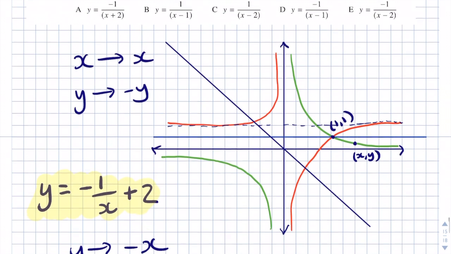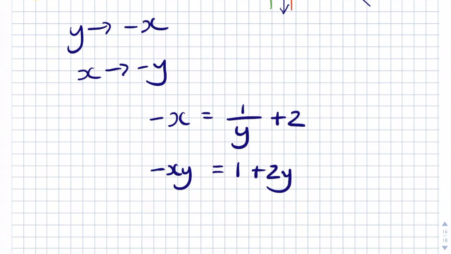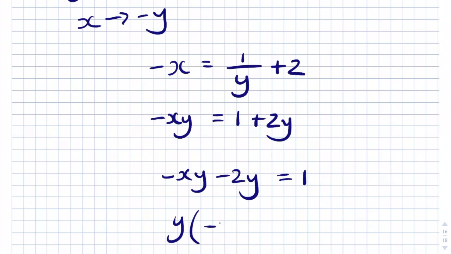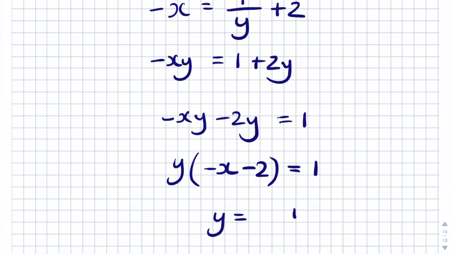And then, of course, all of our answers are in the form of y equals a function of x. So if we move the 2y over to the left-hand side, we're going to get minus xy minus 2y equals 1. Take out a factor of y: y times (minus x minus 2) equals 1, and y is going to equal 1 over minus x minus 2.